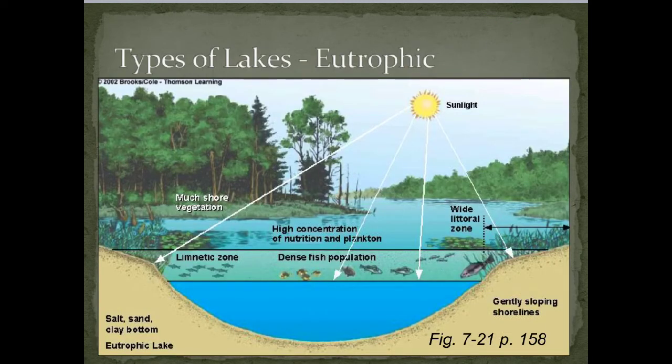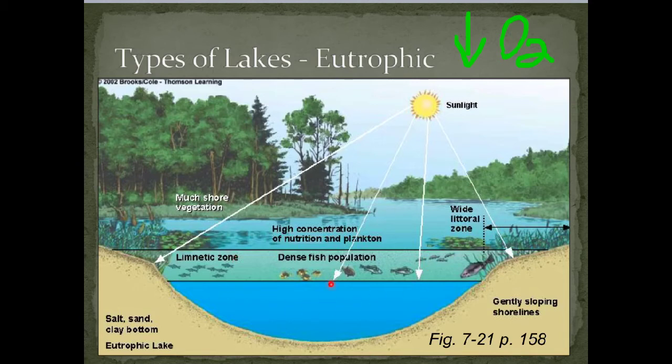And then you have your eutrophic. Eutrophic lakes tend to have low quantities of O2. And what you'll see with the eutrophic lake is wide littoral zones, so there's this wide area. You tend to have high concentrations of nutrients and plankton, dense fish populations in your limnetic zone, a lot of shore vegetation.